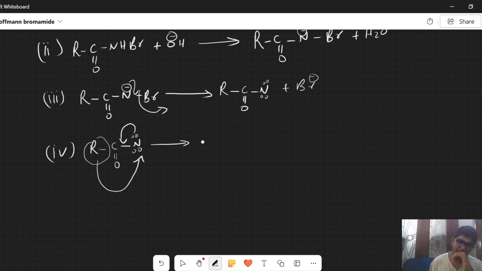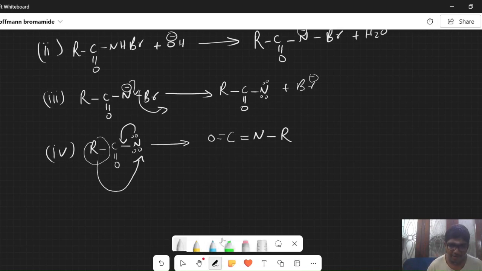So this forms O double bond C double bond N single bond R. Okay. This product so formed is called an isocyanate. Okay. I'll write it here. This is isocyanate.